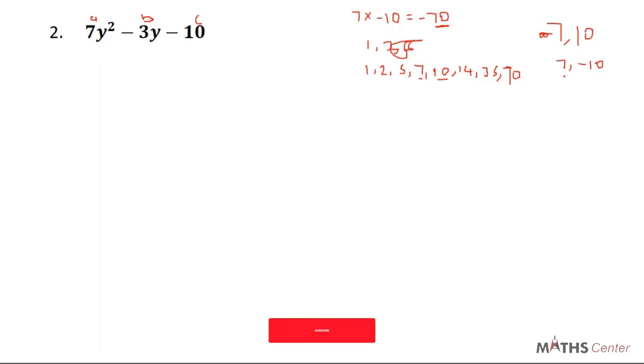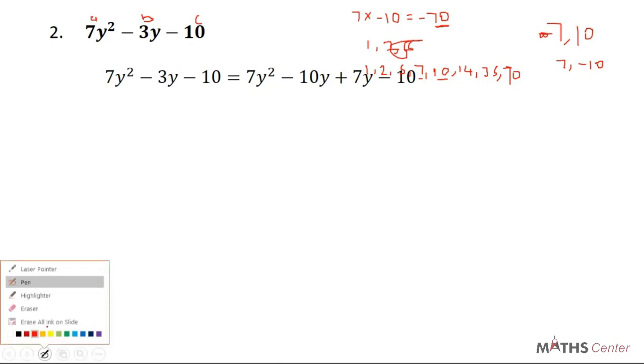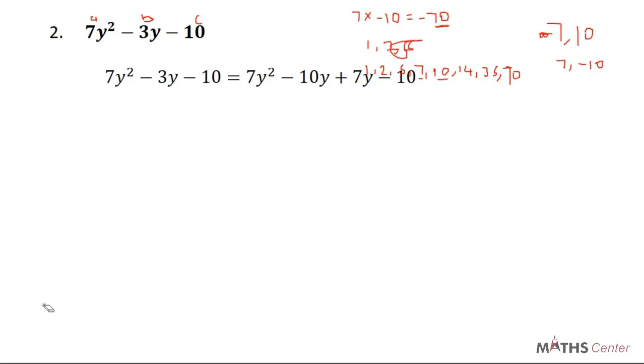Now, after you pick 7 and negative 10, the next step is to replace negative 3 with 7 and negative 10. So I'm going to clean the factors that I wrote here so that it doesn't interfere with what we are doing. Okay, so we can continue now.